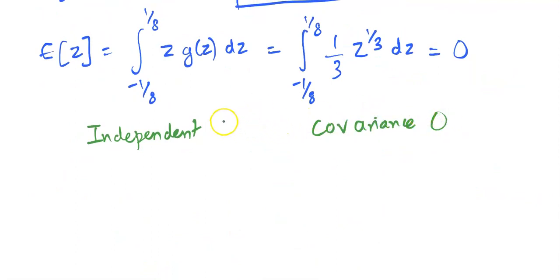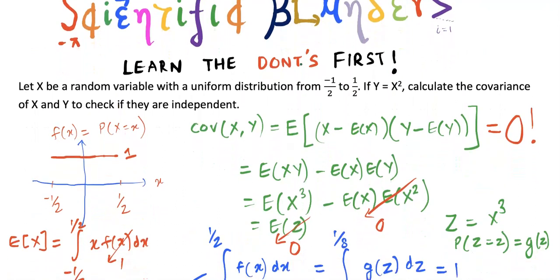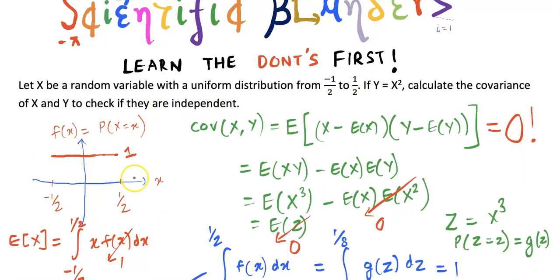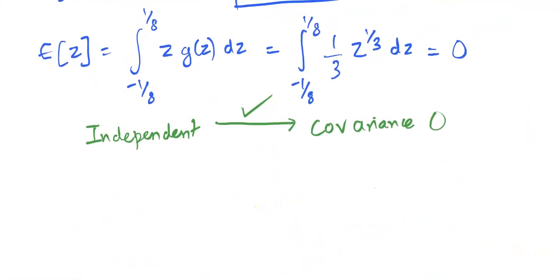So this is something we can say for sure. Whereas if the covariance of two random variables is 0, like we have here, right? We have random variable x and we have a random variable y, which is the square of x, and they have a 0 covariance, which I think is really interesting. Yet we cannot conclude that they are independent.